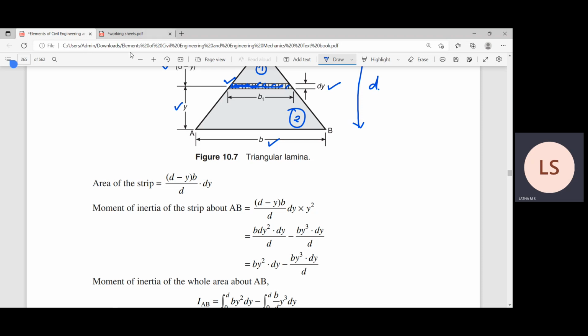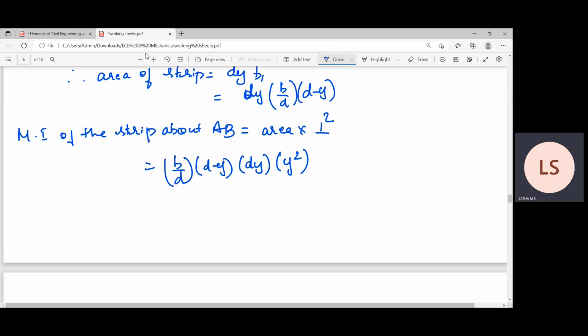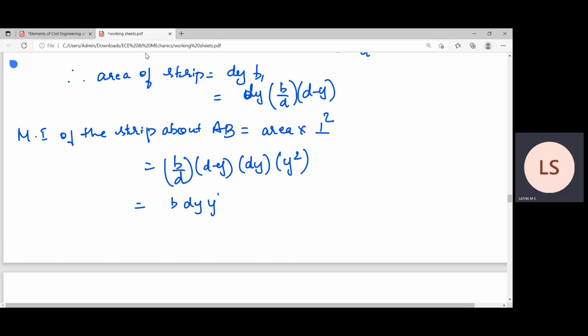So I can split it as b into dy into y square minus b by d into y into dy y square.